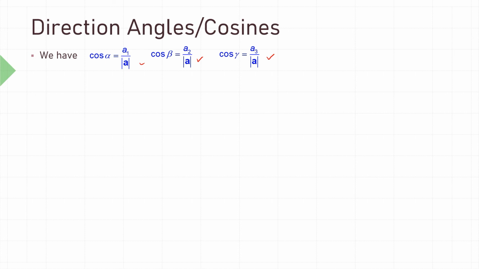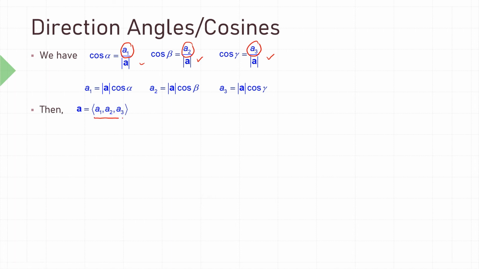We can rewrite this equation so that we want to make A1, A2 and A3 the subject. Therefore we have A1 given by this equation, A2 given by this equation, and A3 given by this equation. We know that the vector A is written in the component form here, since A1 is actually this one, A2 actually this one, and A3 actually this one.